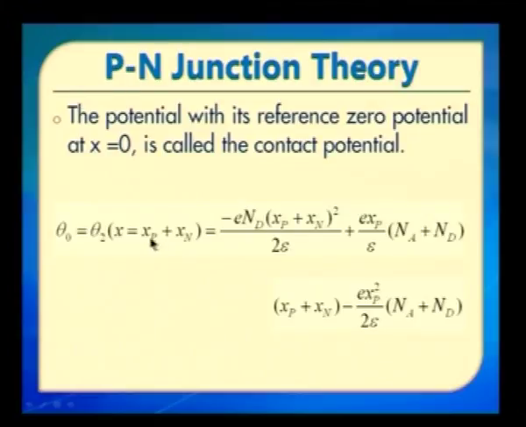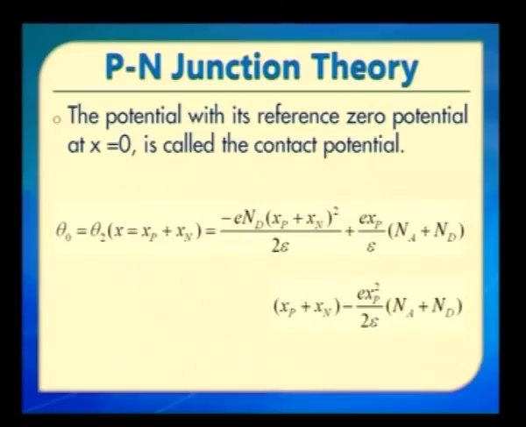So, by substituting x equal to xp plus xn in the equation which we saw in the earlier lecture, you will come across an expression of this kind, wherein theta naught is equal to minus e, the electronic charge, multiplied by Nd. What is Nd? The number of donor atoms. Xp plus Xn obviously refers to the width of the depletion region, the extension of the layers in the p side and similarly the extension of layers in the n region.